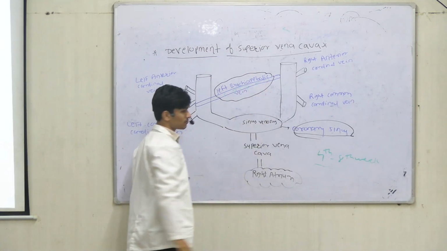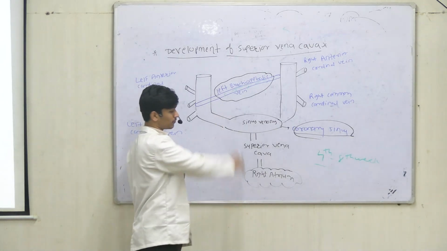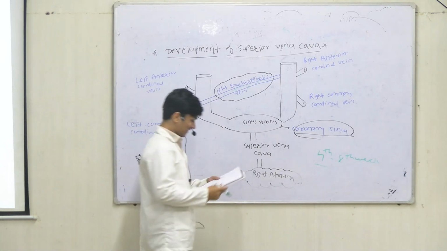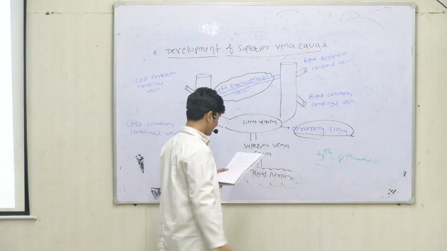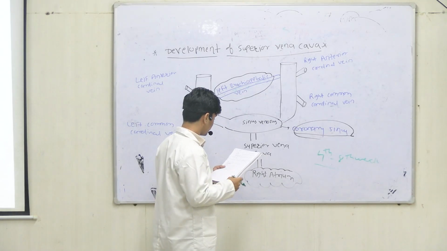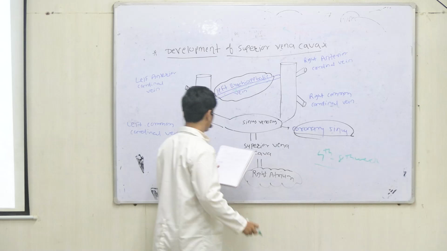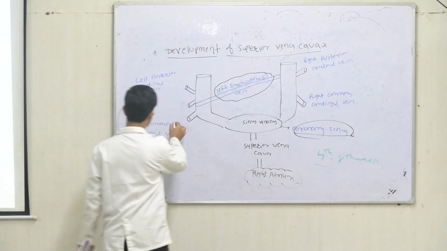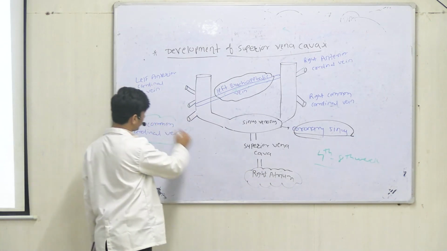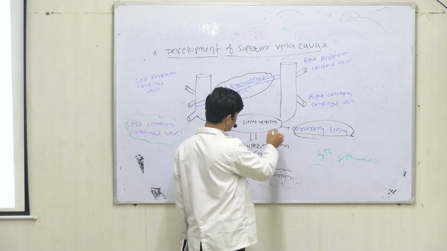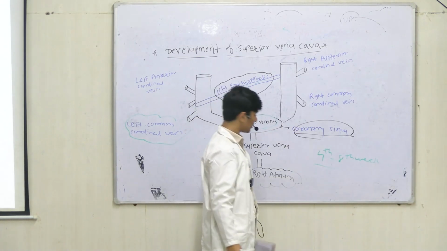It's an MCQ question. This is very important for the exam. So the remaining part of our left common cardinal vein forms a coronary sinus. The remaining part of left common cardinal vein forms the sinus, and the sinus is also called the coronary sinus.